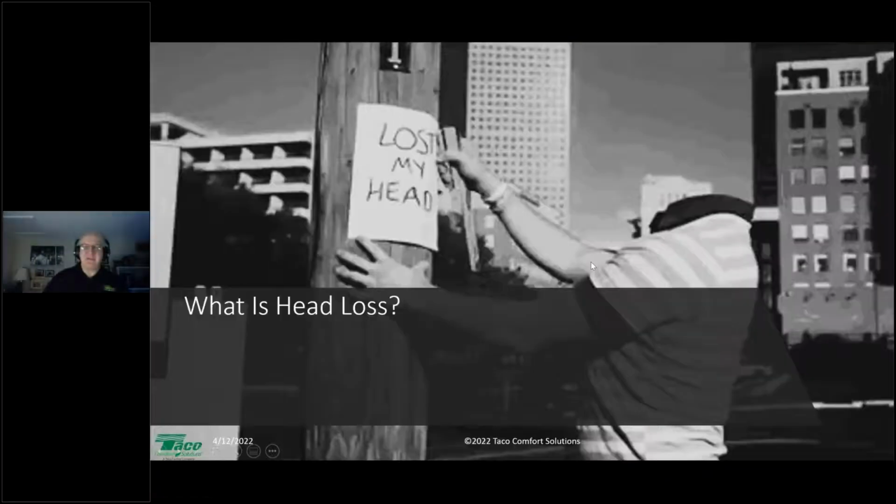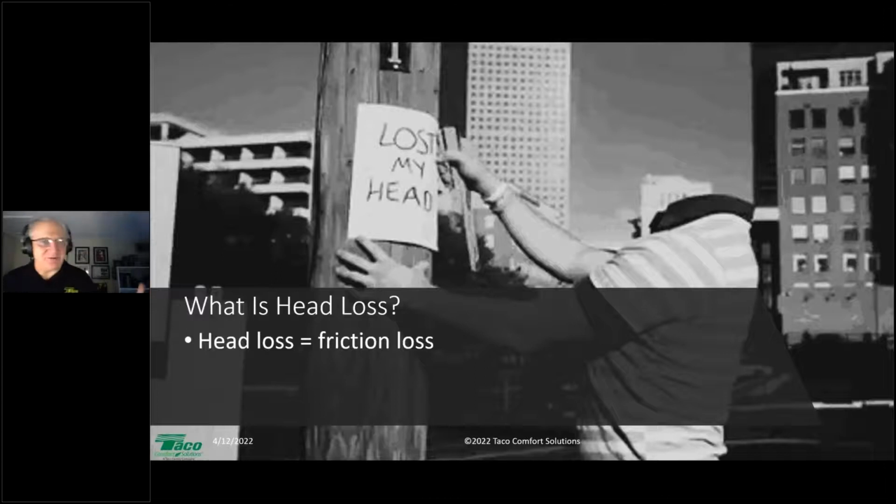Now we have to figure out the head loss or the friction loss. This is the tricky part. So what is head loss? It's friction loss. The water's going through the pipe, rubbing up against the sides of the pipe. That's friction loss, or pressure loss, if you will, and we have to overcome it. When we hit a fitting and have a change of direction, there's more friction loss or pressure loss there.